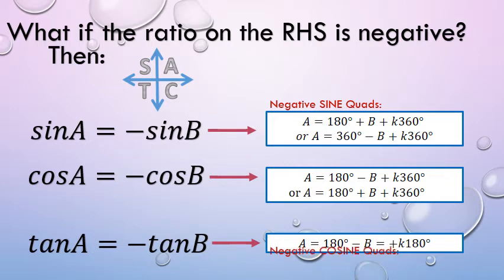So the same applies for the negative cosine quadrants as well as the negative tangent quadrants. Basically, we are just adapting our formula that we've used thus far to become the formula in the correct negative quadrants because we are given a negative trig ratio.